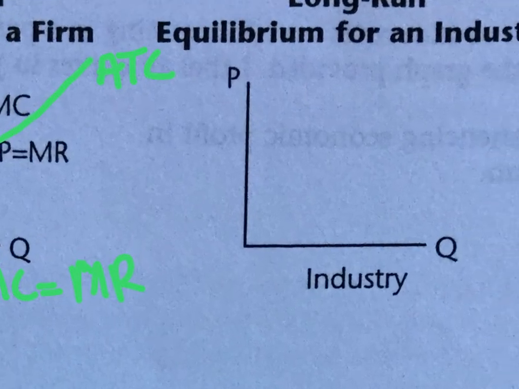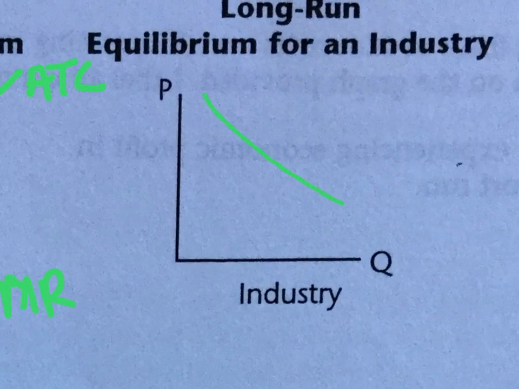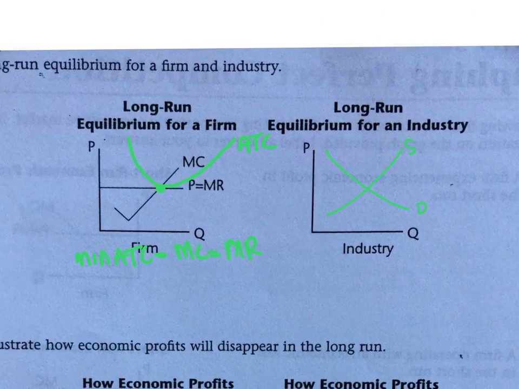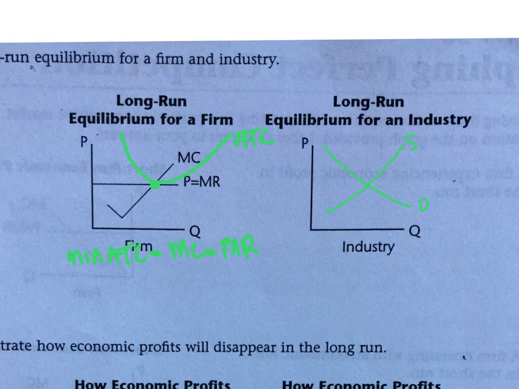On the right-hand side, for the industry, it looks the same as it did in the short run. You've got your downward sloping demand curve, upward sloping supply curve. So again, that traditional demand supply curve on the right is also long run equilibrium for the industry when we're talking about theory of the firm. On the left, the long run equilibrium for a firm is where your minimum average total cost equals marginal cost and marginal revenue.